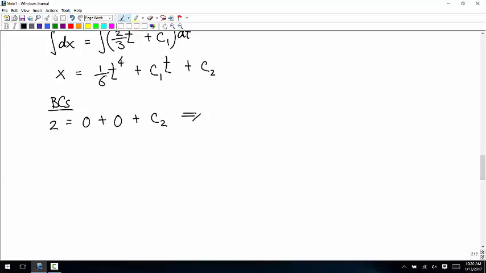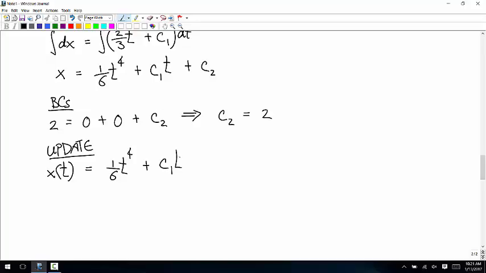And so that tells us that c2 is equal to 2. And now I can update that function. We have that x of t is equal to 1/6 t to the 4th plus c1 t plus 2.